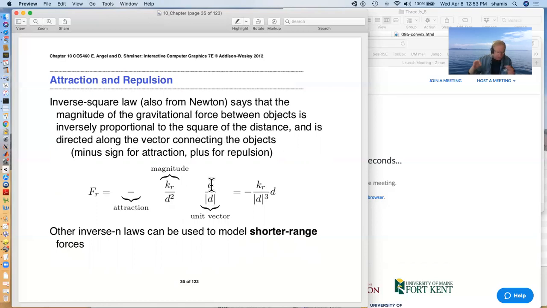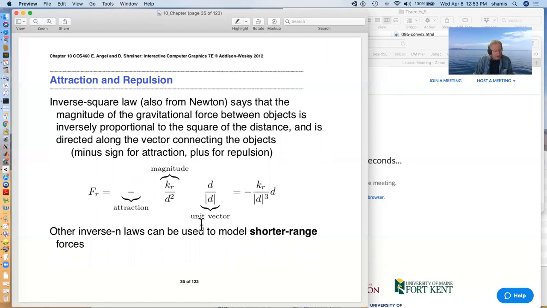The d is the vector between them. D over magnitude d is a unit vector, and it has a sign that is negative for attraction. It pulls. That would be a plus for repulsion. It pushes. And we often combine these 2 terms into a magnitude d cubed. So even though we're doing an inverse square law here, we end up with a distance cubed. But the reason for that is that this is now a unit vector.